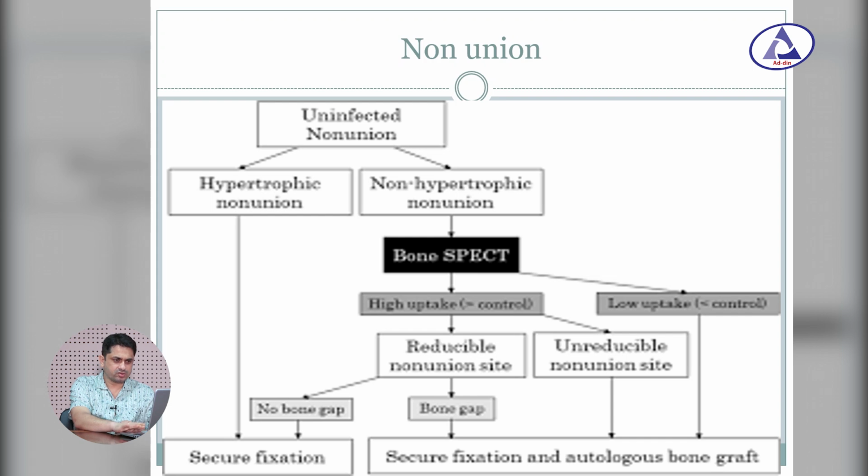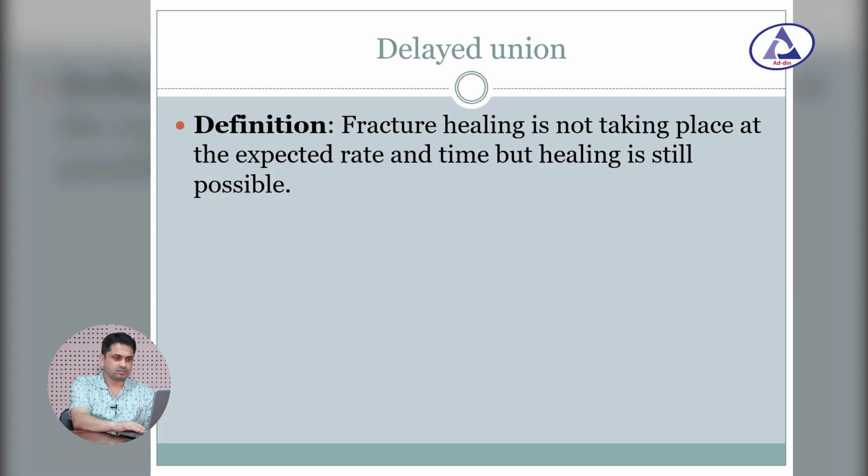This is all about non-union. Sometimes this may come in the written exam as a short note. Just write down the definition, types, causes, clinical features, radiological features and treatment, just in brief. Now, delayed union. Just know the definition of delayed union.